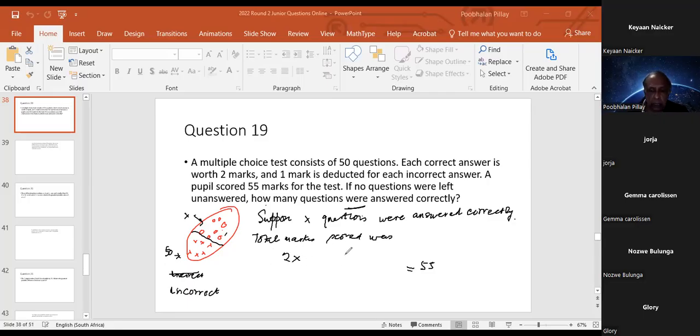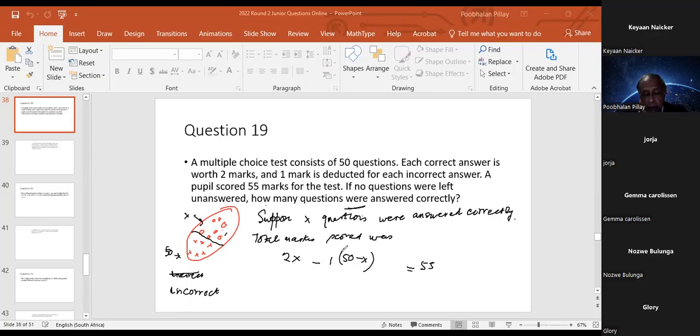But these remaining 50 minus X ones, you were penalized. 1 mark was subtracted for each one of them. So the total number of marks which were subtracted is 1 times 50 minus X, because each time you give a wrong answer, you subtract 1 mark.